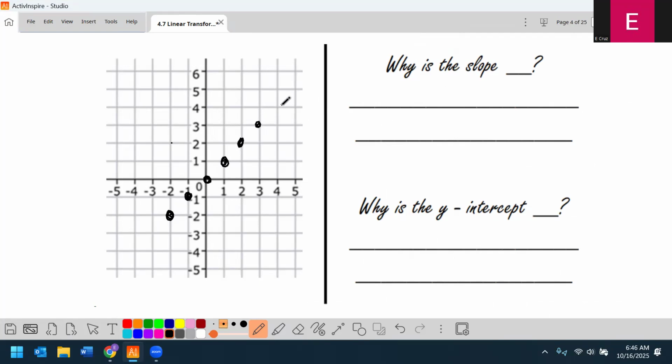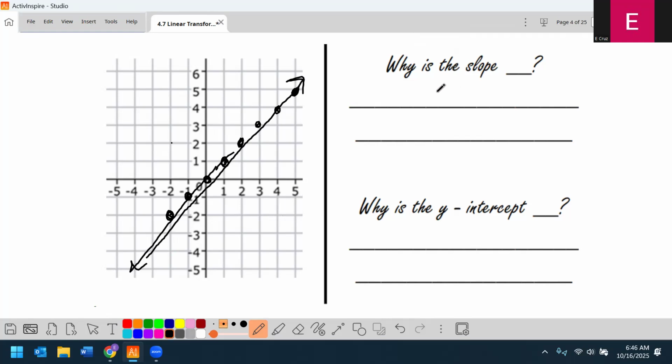As you can see, it's just going up 1 over 1, up 1 over 1, because my slope is just 1. So then we connect them with a straight line. And this is what we call the parent function.